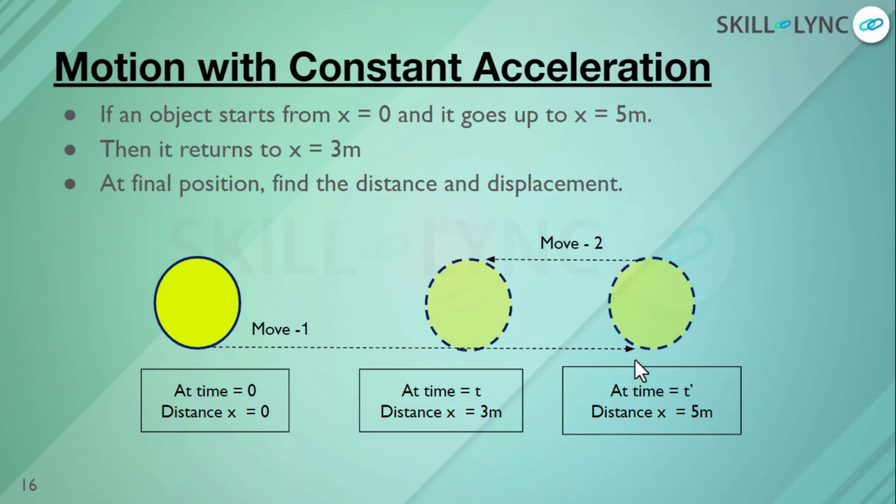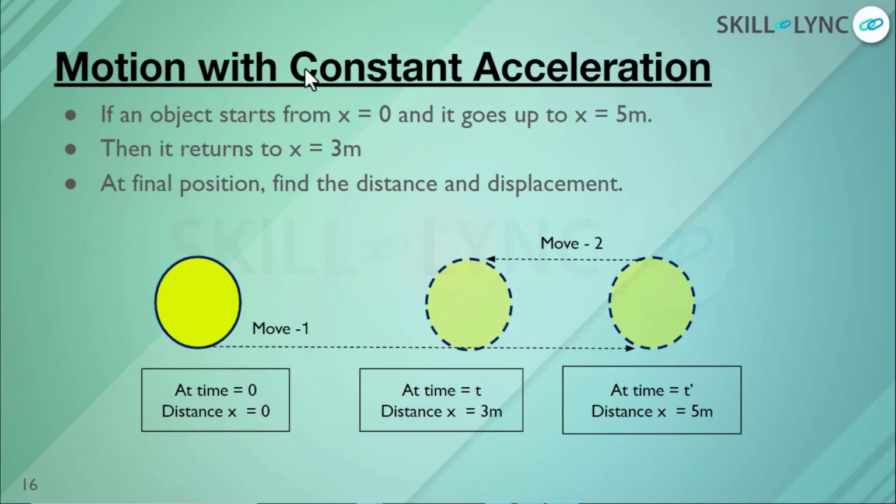Then the ball moved to this point, where at time t dash, the distance x equals 5 meters. Further, the ball returned back to some point, where at time equals t, the distance traveled was 3 meters. Thus, the net distance traveled by the ball is 5 meters plus 3 meters, which equals 8 meters.